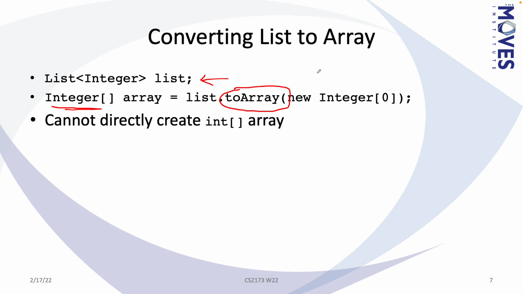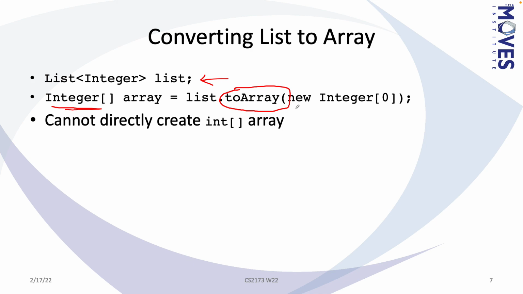If I just use the naked toArray with 0 arguments, it returns an array of objects, which can be kind of clunky to deal with. If I have an array of objects but I want to use things that are associated with integers, then that won't do it. So I know there are integers on this list. I want to turn it into an array.